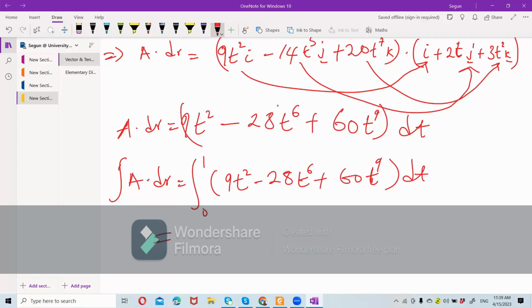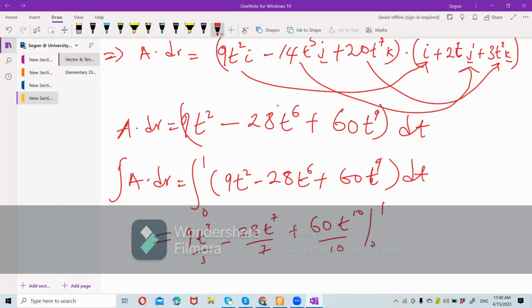How do we integrate? When you integrate and substitute very well, you have 5. The final answer will be 5. But let's quickly do it first. We have 9t raised to power 3 over 3 minus 28t to the 7 divided by 7 plus 60t to the 10 over 10, from 0 to 1.